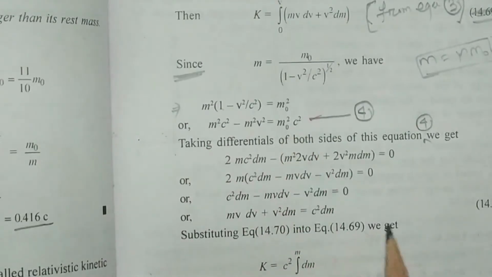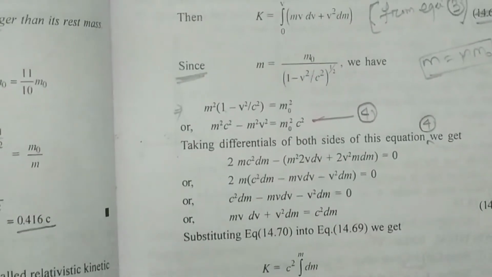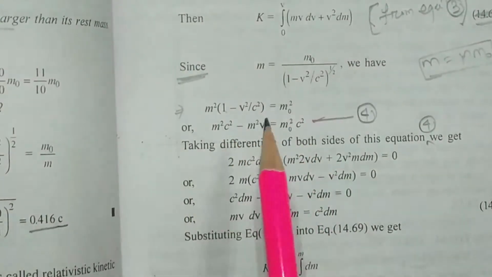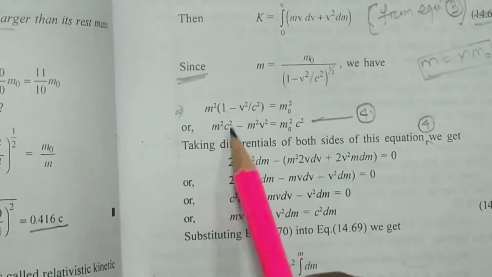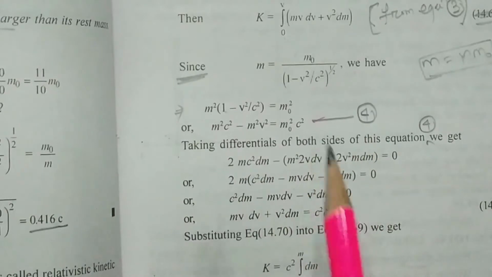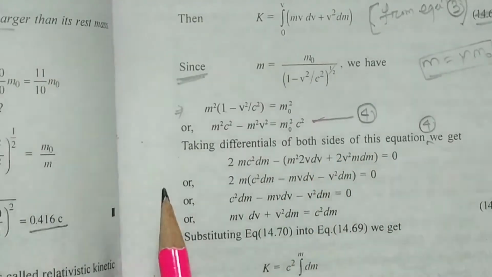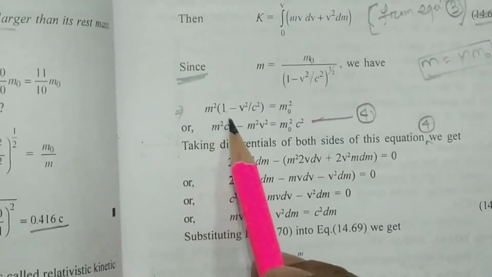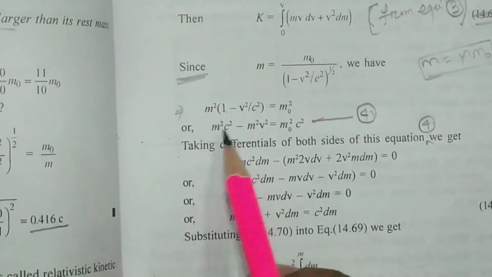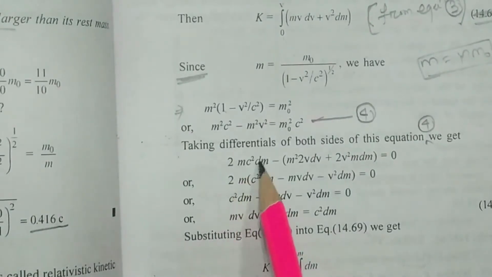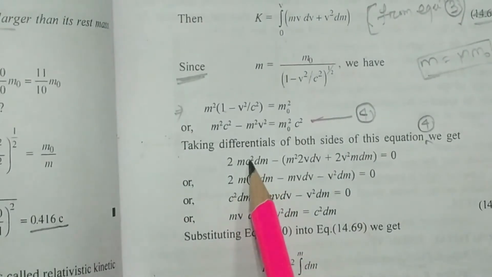We know that c is the speed of light, which is always constant in all frames of reference. That is one of the postulates of the special theory of relativity. So differentiating m square c square, we get 2m dm into c square.